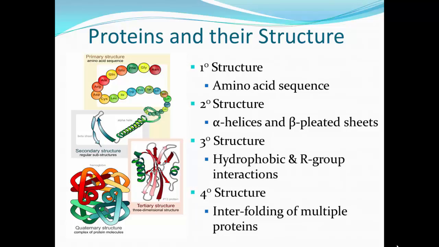The final level of protein structure is quaternary structure, and it involves interfolding of multiple proteins, multiple tertiary structures, including several different types of proteins. Now, this can be several copies of identical proteins.